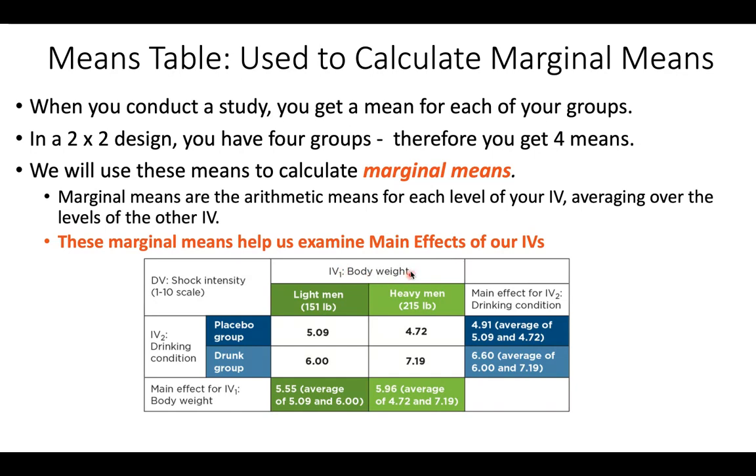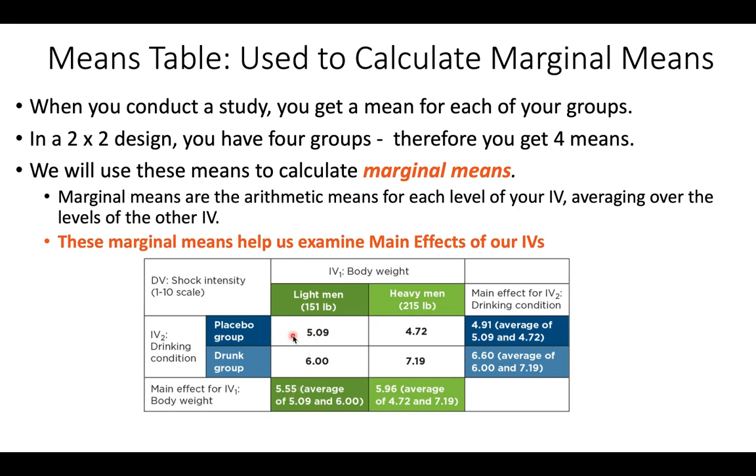So let's take body weight, our first independent variable here in green. If we want to assess the main effect of body weight, we need to take all light men, meaning anyone under here in the table, and average their scores. So we take 5.09 plus 6.00 divided by 2, which gives me a light man average of 5.55 on aggression.